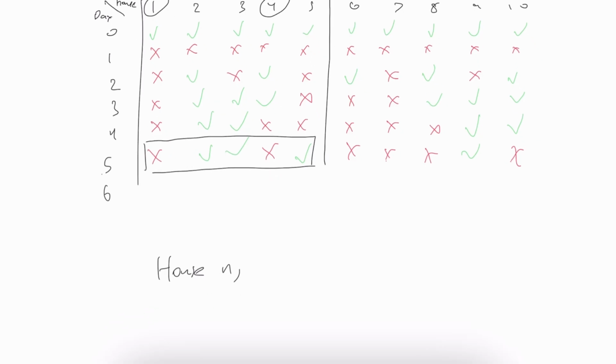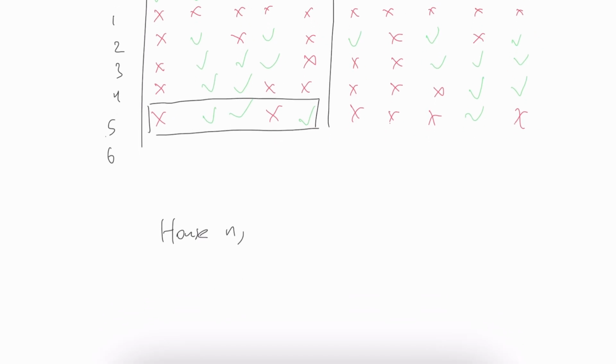So we can indeed conclude that house n will be toggled on each walk, let's say d, such that d divides n.